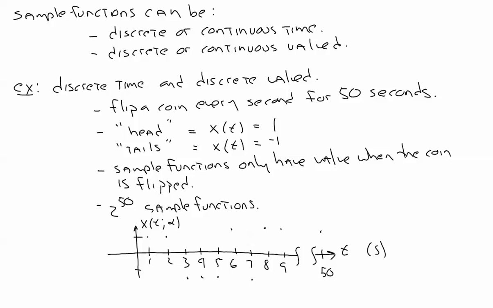All right. What about a continuous time, continuous valued random process? Continuous time, continuous valued random process. x of t equals a cosine of omega naught t plus a capital theta.